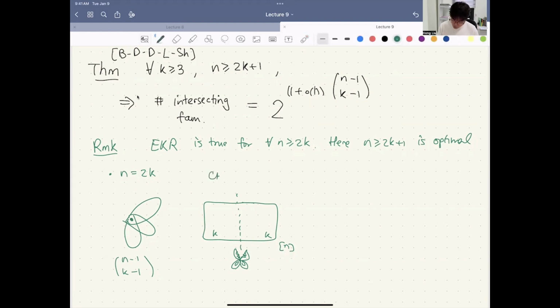So choose exactly one from each halving of n.